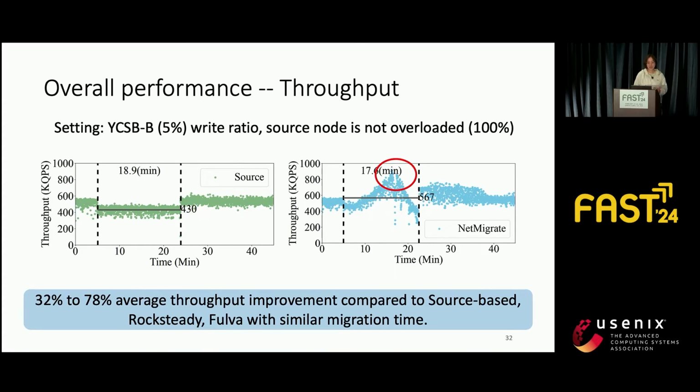And NetMigrate can achieve from 32% to 78% average throughput improvement compared with the source-based protocol, Rocksteady and Fuwa, when we limit NetMigrate to have a similar migration time compared with each of them.